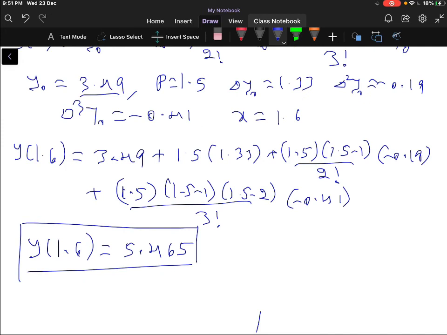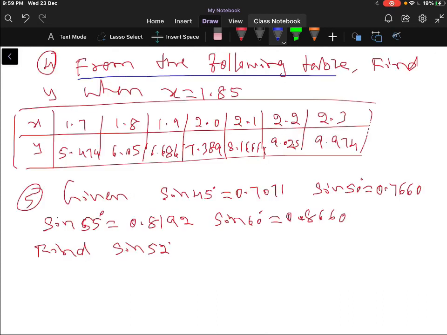After simplification, we have y of 1.6 is 5.465.